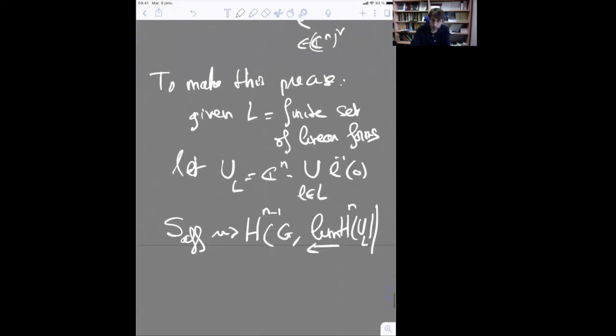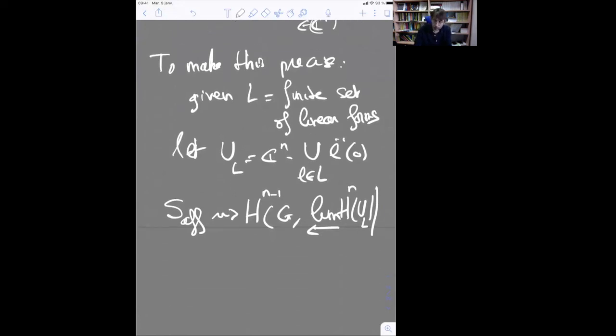But to conclude, I will say that now, finally, the marvelous theorem of Bergeron tells you that this cohomology group is zero. Oh, sorry.